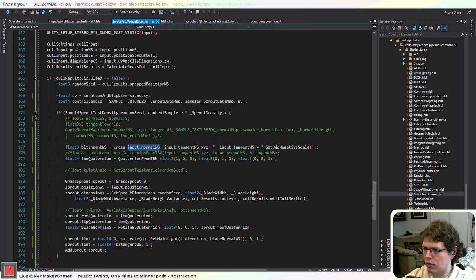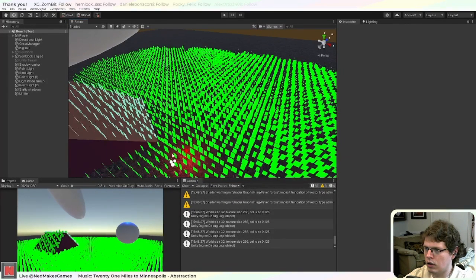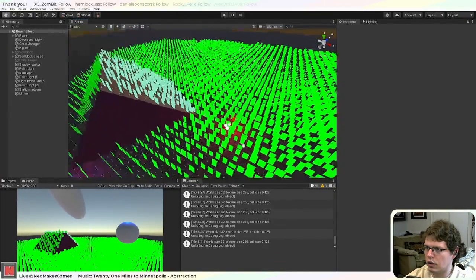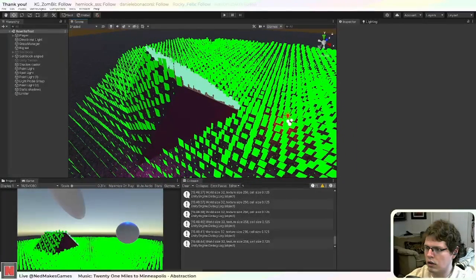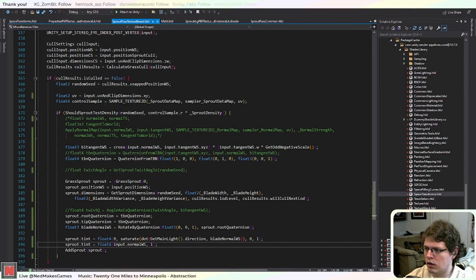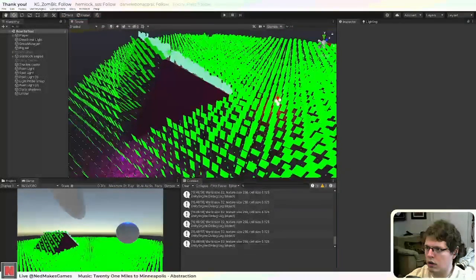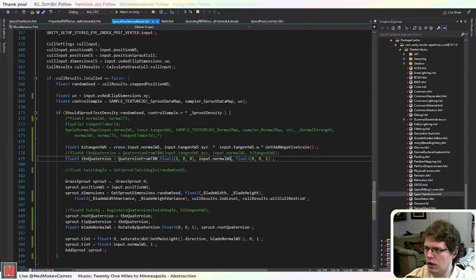What about... Yeah, so just the normal vector. Yeah, it's green, so that's what we thought. Okay, then how come this works this way? Well, what about if I put the normal there? Okay. And then the bitangent?